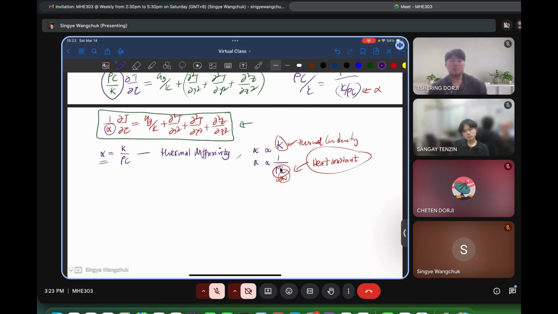What does thermal diffusivity mean now? Thermal diffusivity means the ease of a material to absorb heat and to conduct it. If thermal conductivity is high, the material will absorb less heat and conduct more heat. What will happen if we have more heat constant?